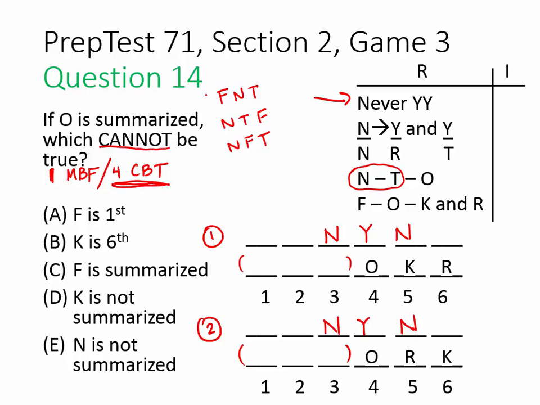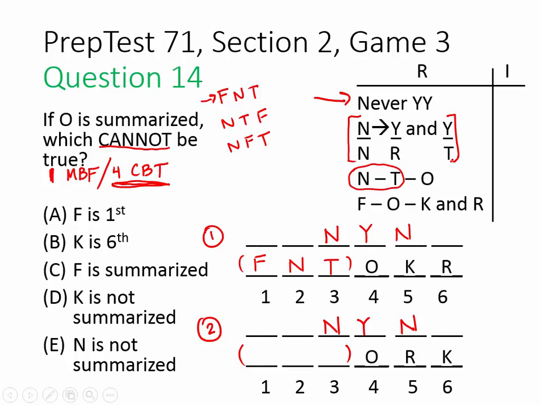So let's go ahead and draw out, say, the first scenario here for option 1. We'll say F, N, T. So as I've drawn it out here, you'll notice that we have T not summarized. And that pertains to this big rule right here.